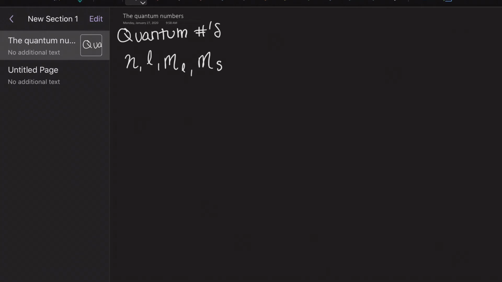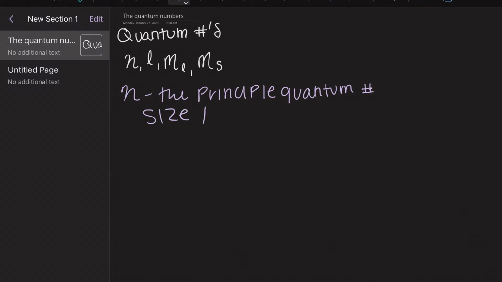Today we're going to talk about the principal quantum numbers and what they have to do with orbital theory and electrons in atoms. We're going to start with the principal quantum number, also known as n. N, or the principal quantum number, tells you the overall size and the energy of an orbital.